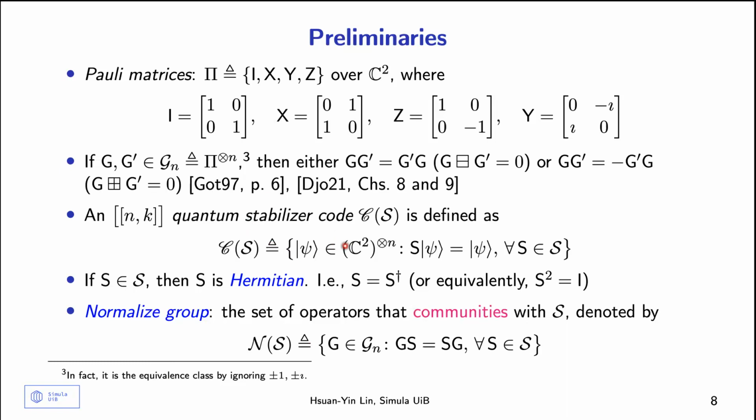And this basis is defined by picking some matrices, actually n minus k matrices. When you multiply them with the vectors, you still get back the vector, which means it's the eigenvalue 1 space. So again it's linear algebra, eigenspace 1. And they use this as a quantum stabilizer code.